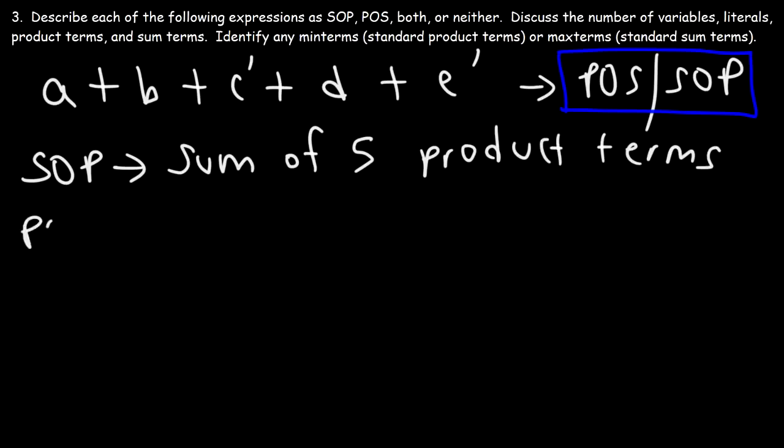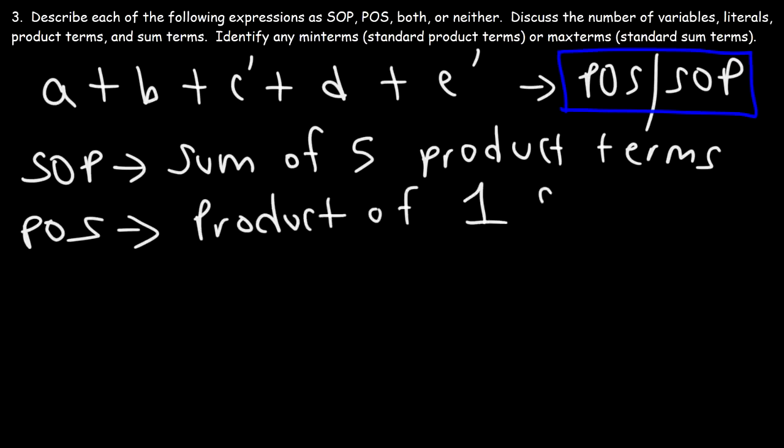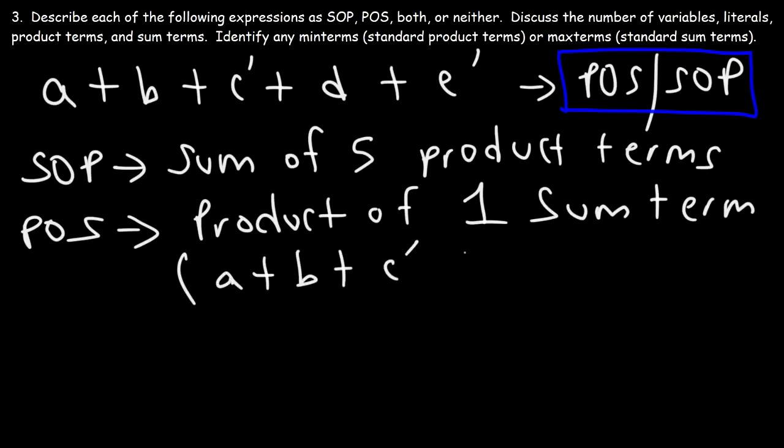And as a POS expression, we could say that this represents the product of 1 sum term. So imagine if we put it inside a single set of parentheses. In this case, this would appear as 1 sum term.